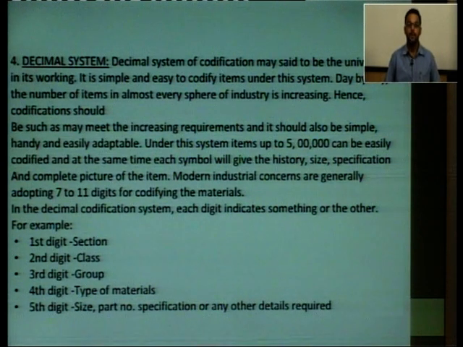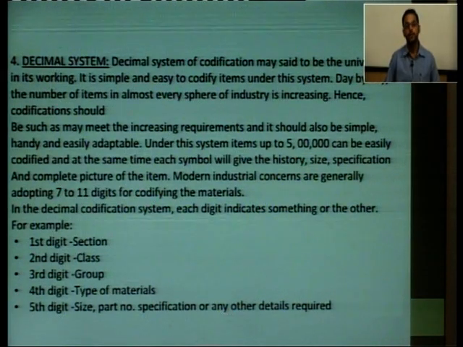Under this system, items up to 5 lakh can be easily codified, and at the same time each symbol gives you the history, size, specification and specialization, a complete picture of them. Modern industries are generally adopting 7 to 11 digits for codifying materials.